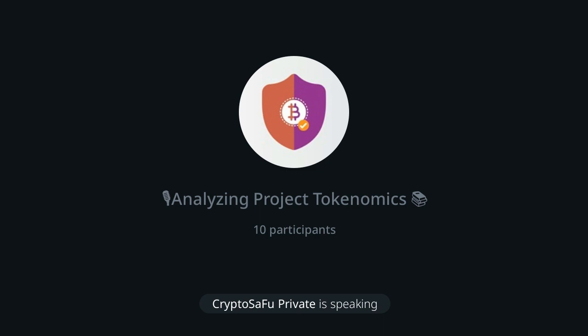While CoinMarketCap is also showing you some verified information about the project, like the project's charts, official website, things like that. So you get it on CoinMarketCap easily.